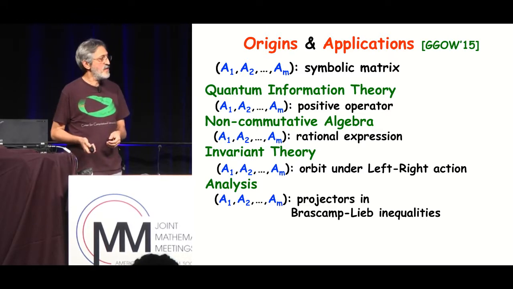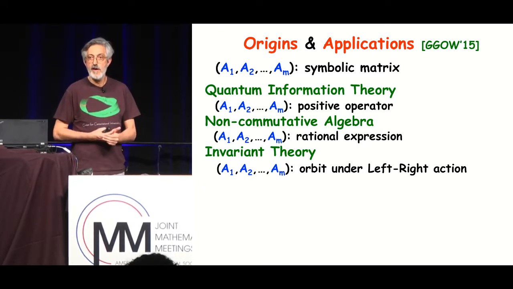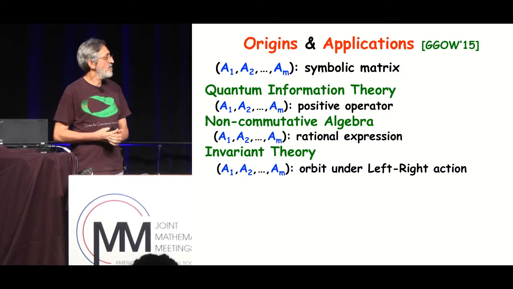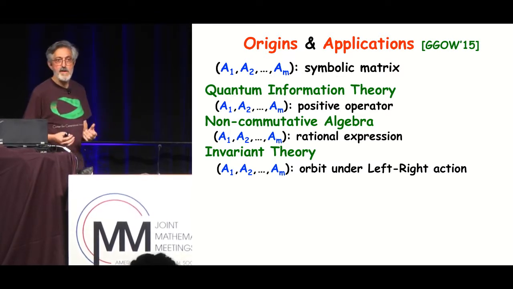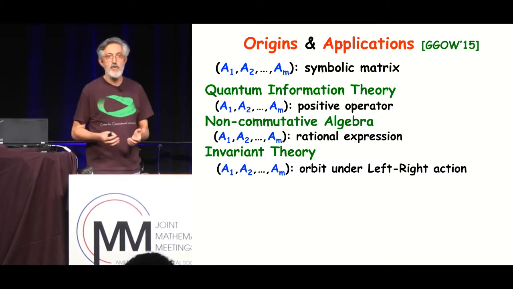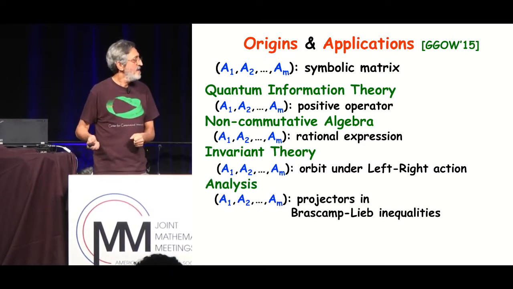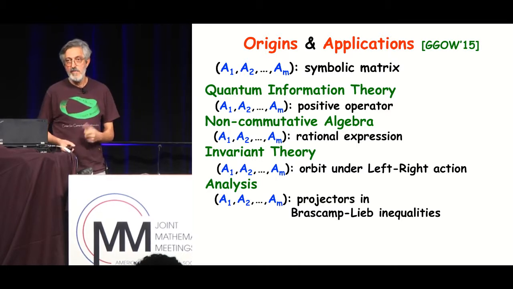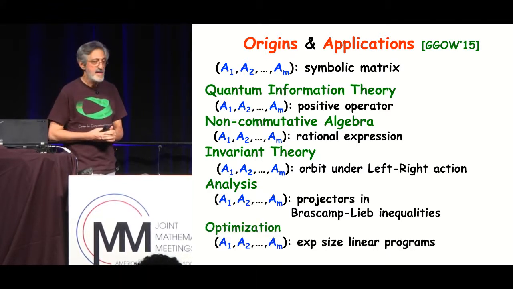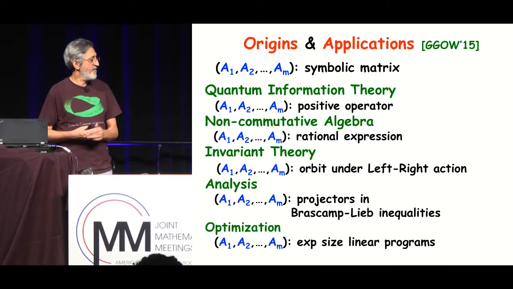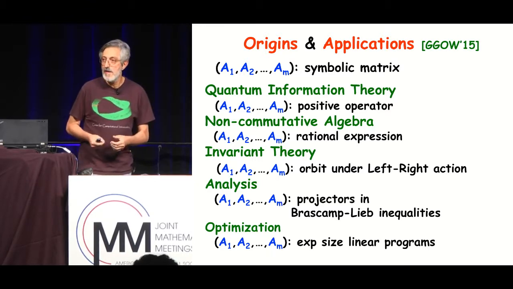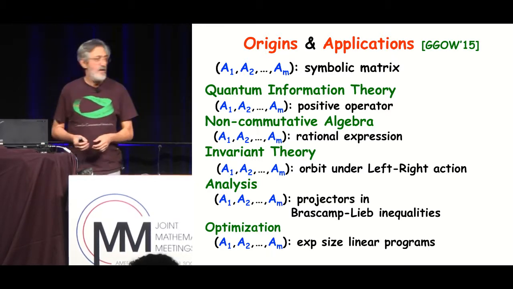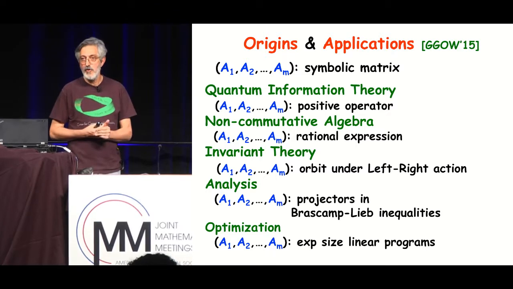In non-commutative algebra, it turns out that it can be viewed as a rational expression over this non-commutative field. In invariant theory, it can be viewed as representative of a certain orbit of some group action. In analysis, we'll see this on Friday, it can be viewed as a description of a certain type of inequality, of the Brascamp-Lieb inequality. In optimization, it can be viewed as a description of a linear program of exponential size.